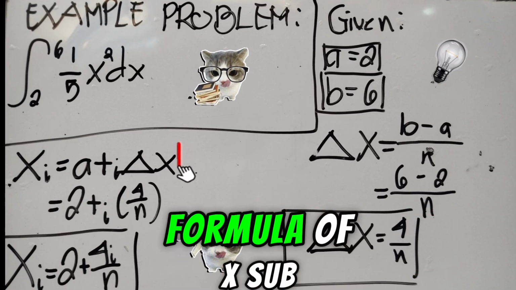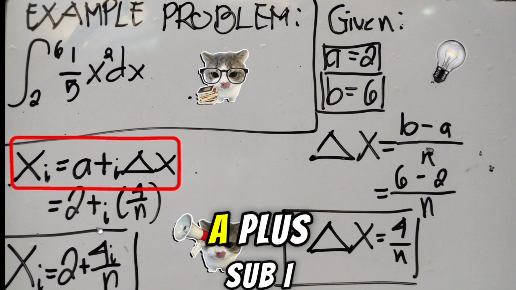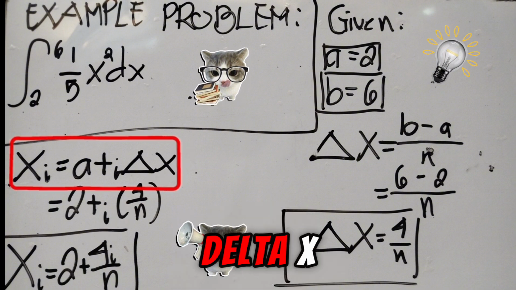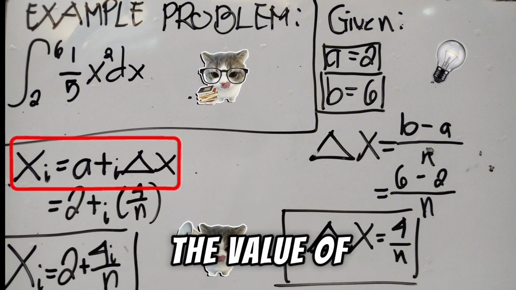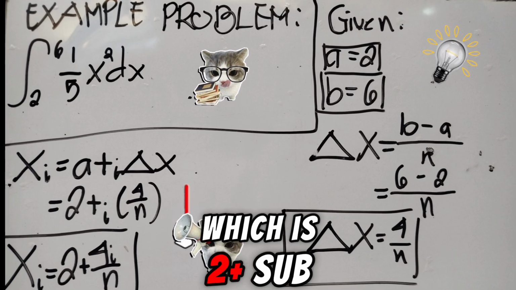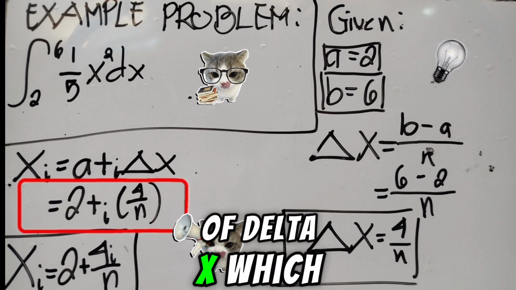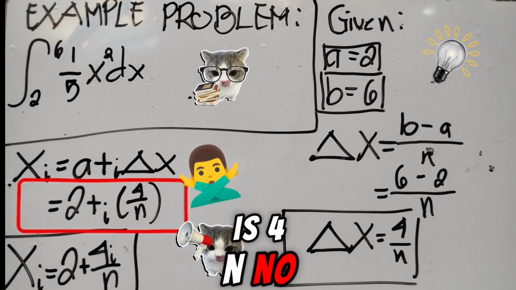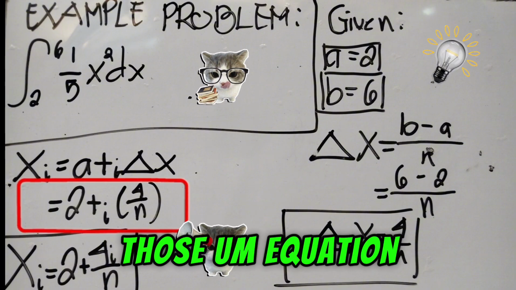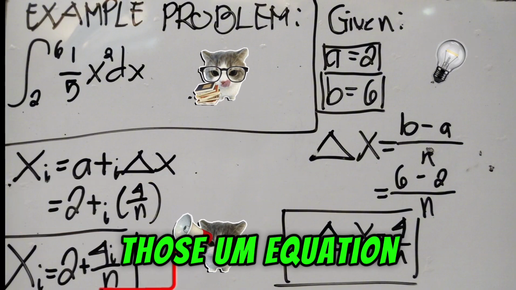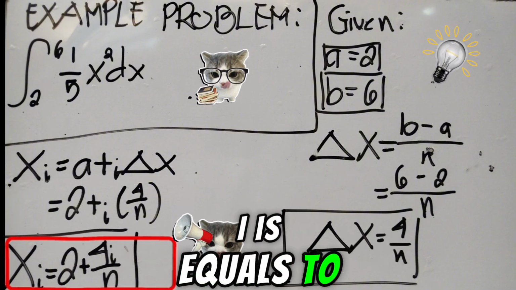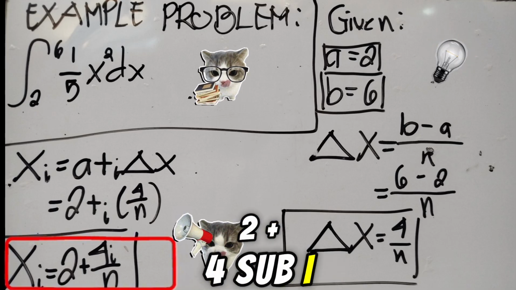So, we follow the formula of x sub i is equal to a plus i delta x. So, we substitute the value of a, which is 2, plus i, and the value of delta x, which is 4/n. So, now if we simplify that equation, we get x sub i is equal to 2 plus 4i over n.